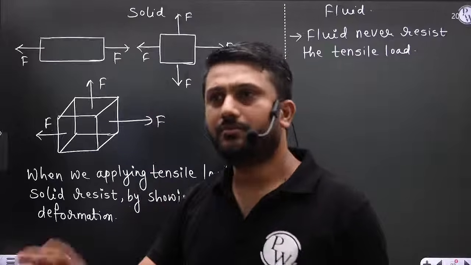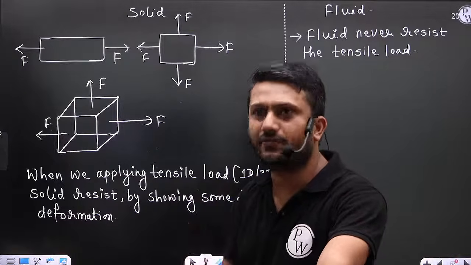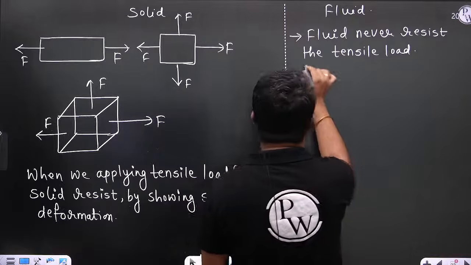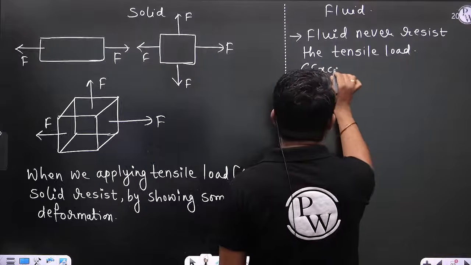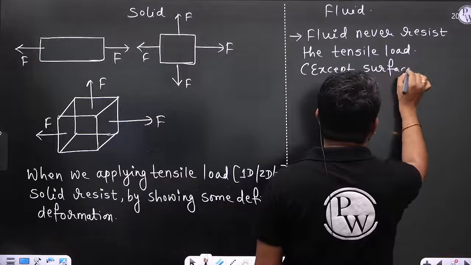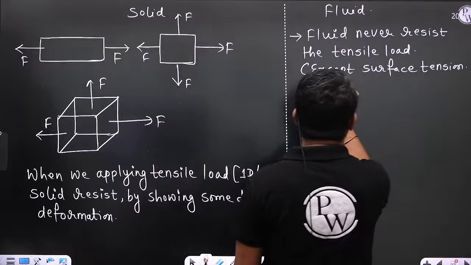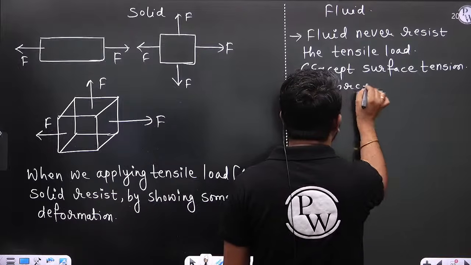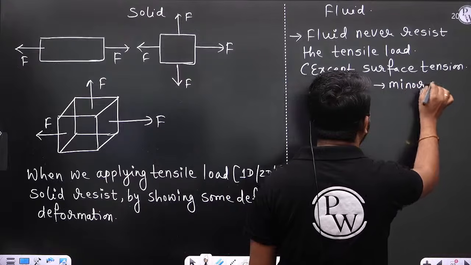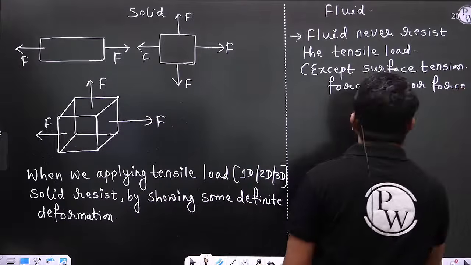But surface tension force is a minor force. Here we are talking about the major forces. So fluid never resists the tensile load except surface tension force, and again, this is a minor force, not a major force.